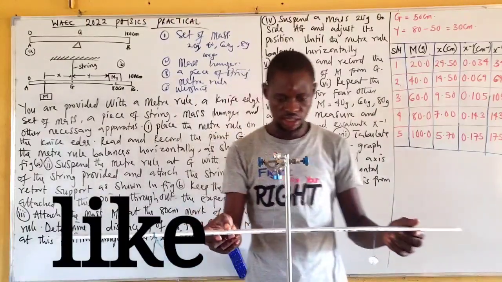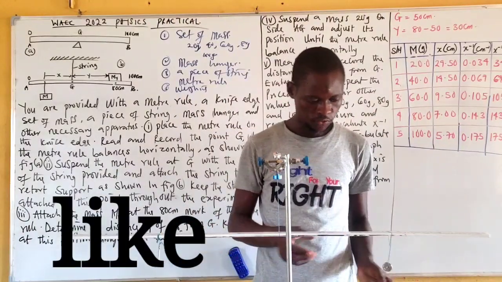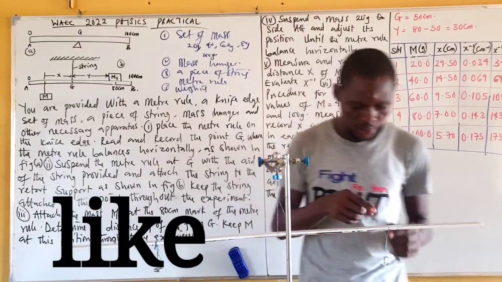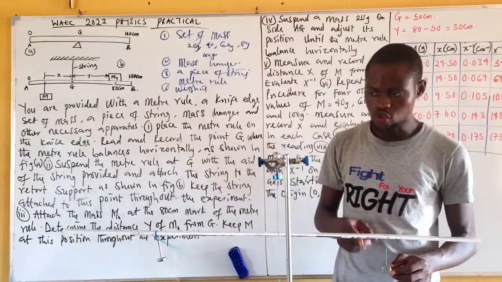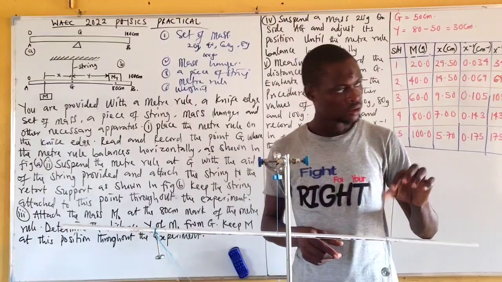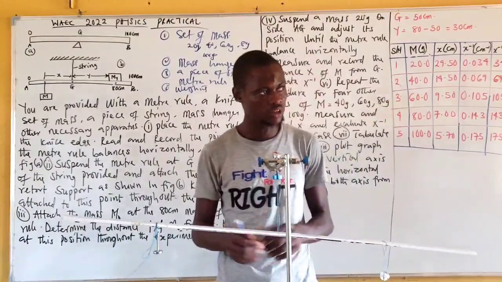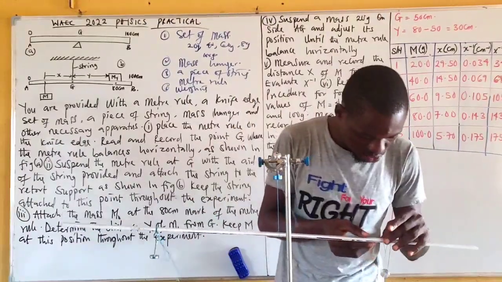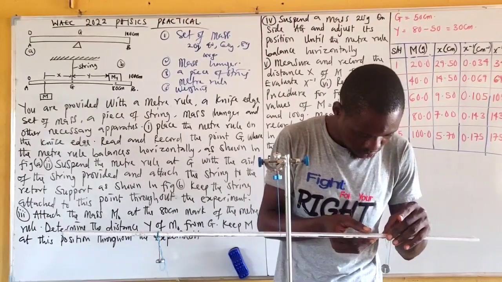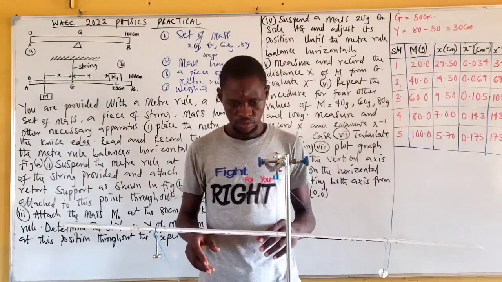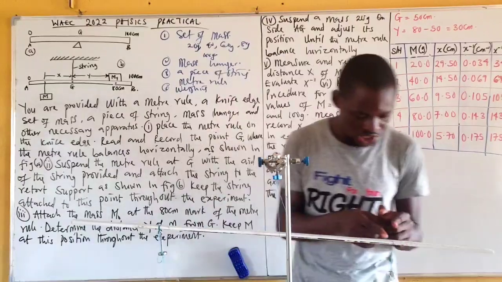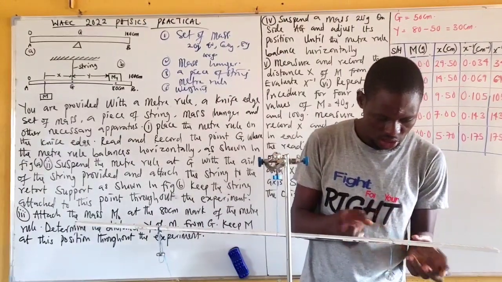Now, if I cross-check this, you notice that for mass 20 gram, this body is balanced exactly at 22.5, which is the point of balancing of the body horizontally. So I have the 22.5 centimeter mark, which is here. I think here is 20, 21.